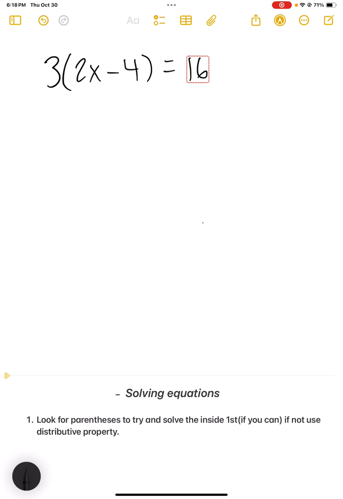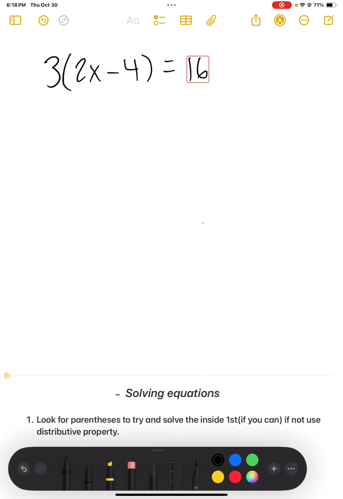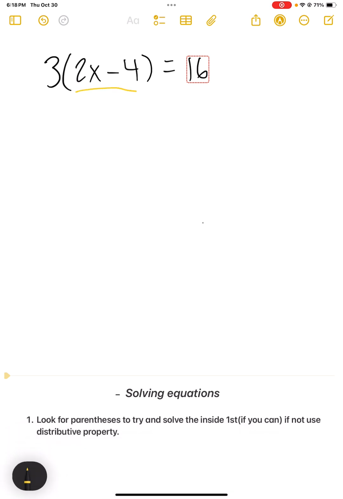Number 1 says look for the parentheses and try to solve what's on the inside first if you can. If not, use the distributive property. So I see parentheses, and I was instructed to try to solve what's on the inside. Very quick notes that I want you to see: you cannot subtract or add a regular number and a variable with its coefficient.